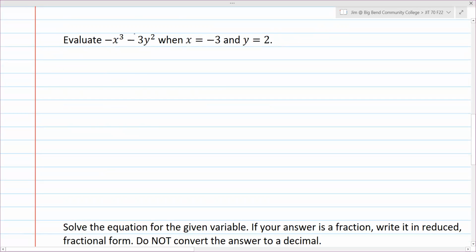Evaluate negative x to the 3 minus 3y squared when x equals negative 3 and y equals 2. All right, the key this time is to solve for the expression. Right, evaluate means calculate in math.